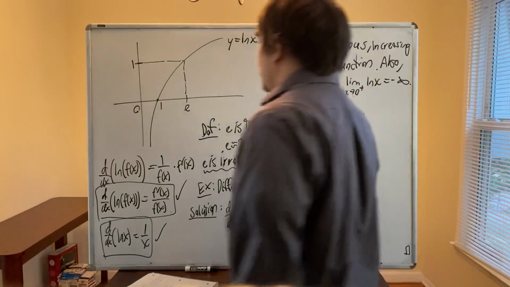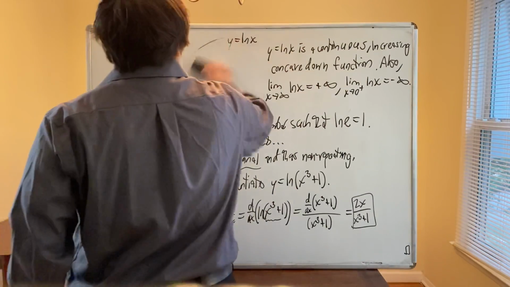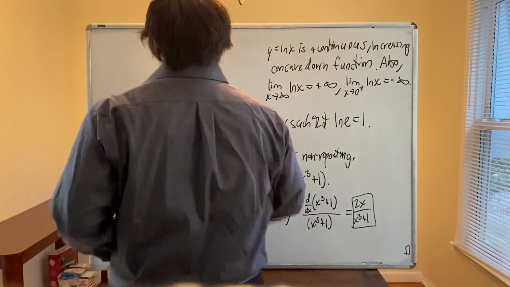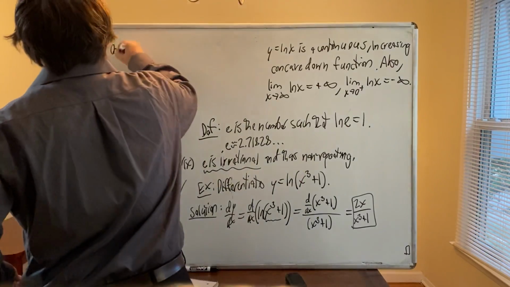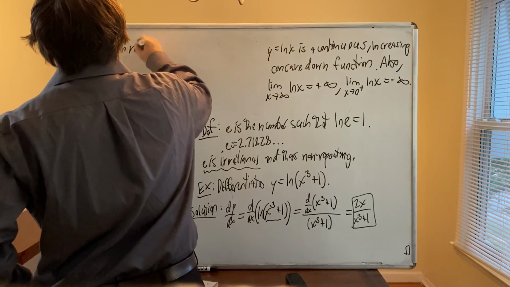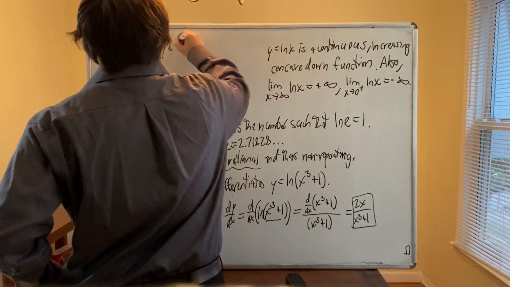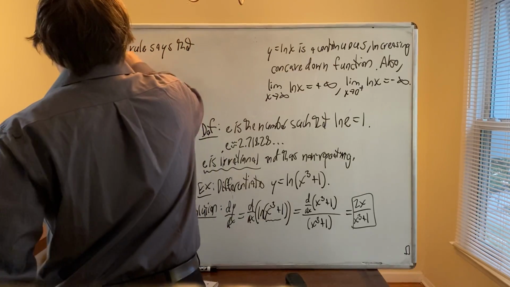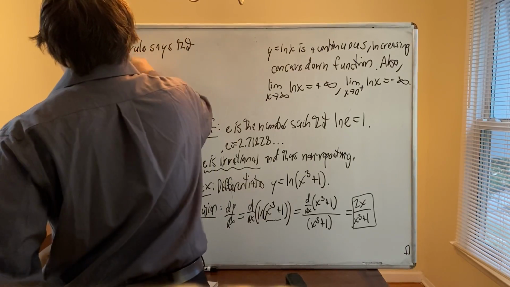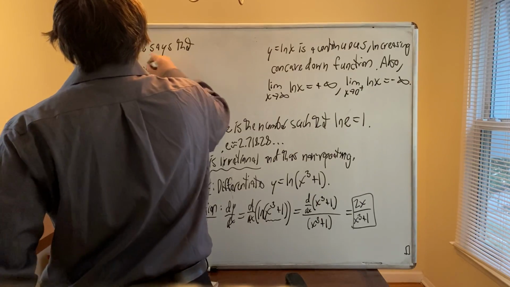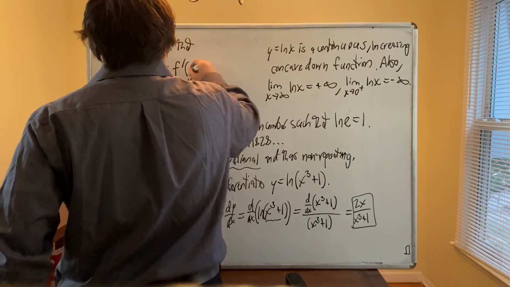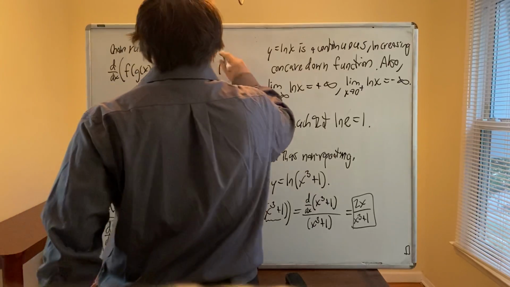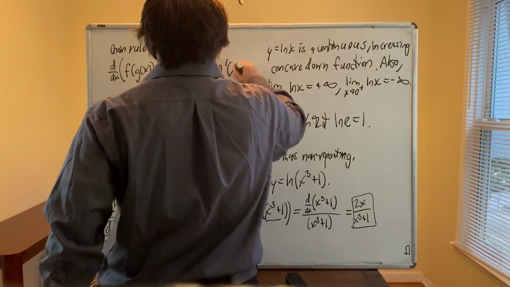All right, so reminding you what the chain rule says. The chain rule says, along with conditions, that the derivative d/dx of f of g of x is equal to f prime of g of x times g prime of x.